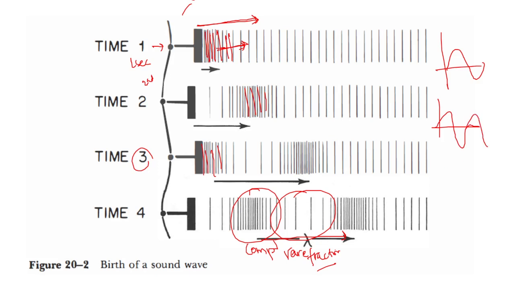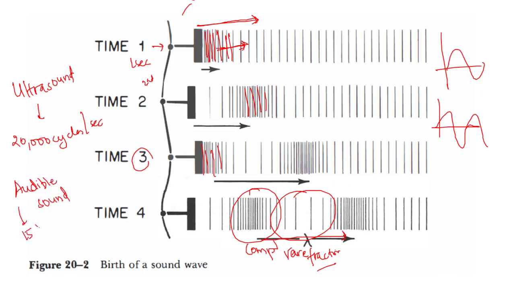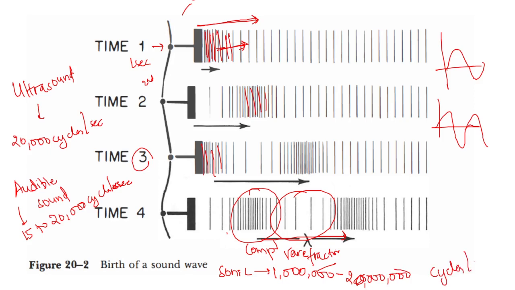So if you see, ultrasound has a frequency of above 20,000 cycles per second, whereas the audible sound which we are going to hear has a frequency of around 15 to 20,000 cycles per second, whereas the sonic sounds which are used in diagnostic imaging will have almost 1 million to 20 million cycles per second.